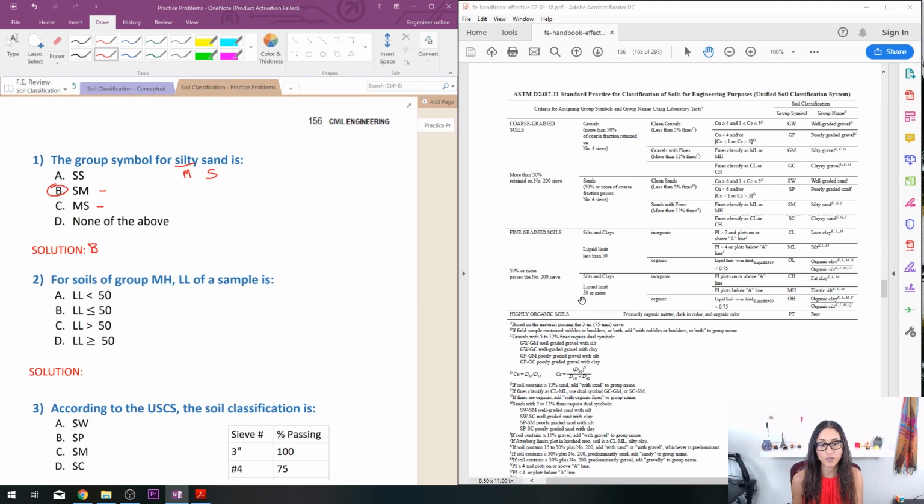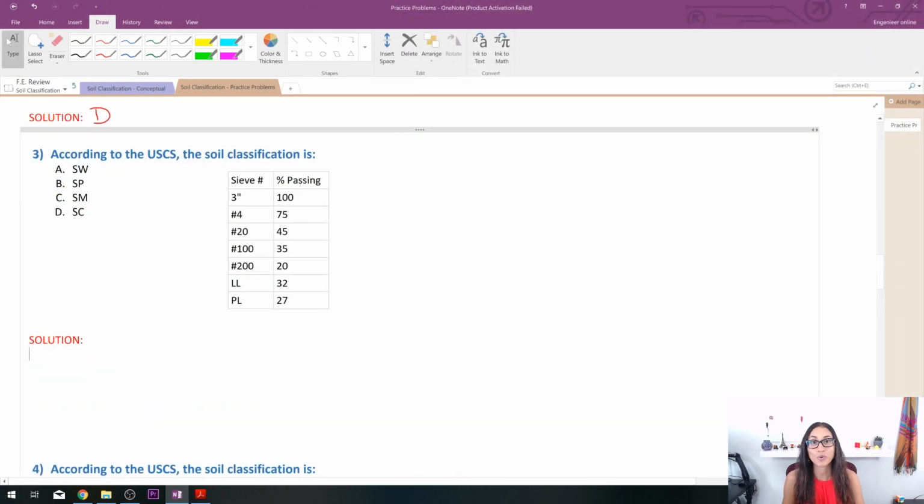It says 50 or more, which means equal to 50 or greater. As for the other, it says less than 50, which means 49 and less, so 50 is not included. For MH, the liquid limit has to be equal to or greater than 50, so your answer has to be D. That's your answer. So, question number 3.